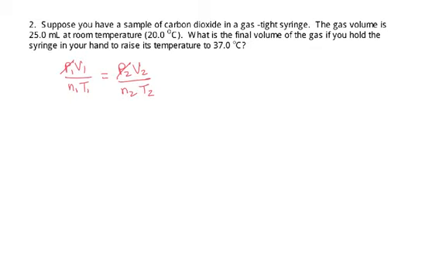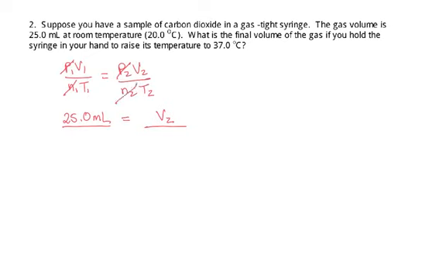Our initial volume is 25.0 milliliters. Our final volume is what we're trying to solve for. Over. The amount is not mentioned, so we're talking about the same sample, so the amount is the same, so we can cross that out.